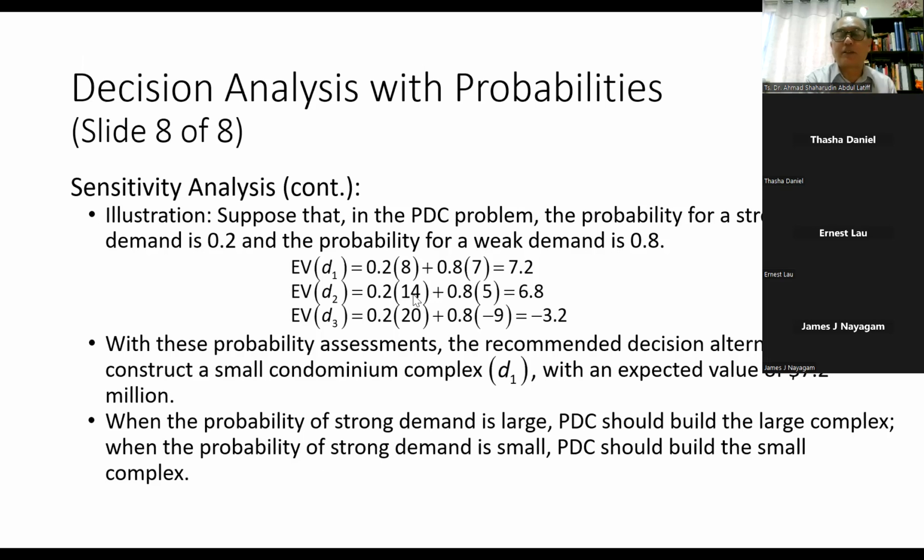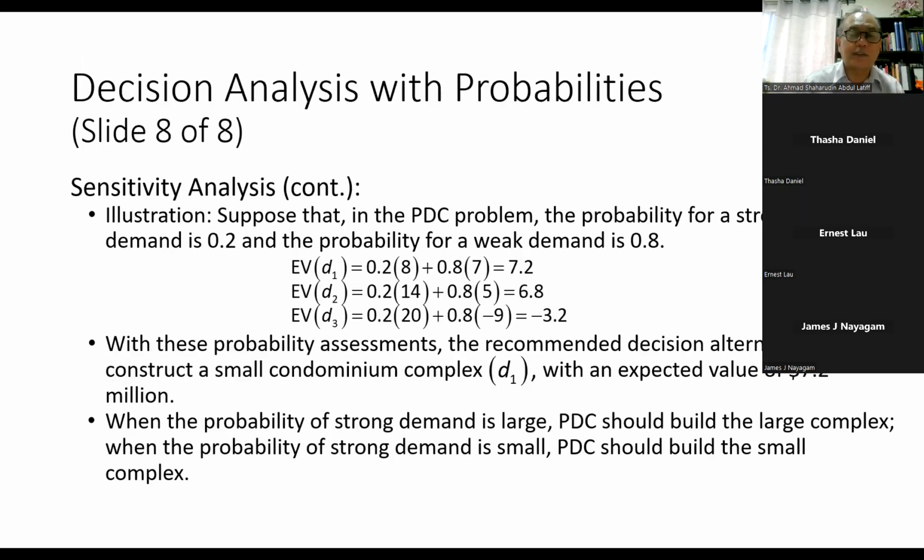Instead of 0.8 for strong demand, you change it to 0.2, and weak demand becomes 0.8. So this is the chance, and with sensitivity analysis the expected value will change.